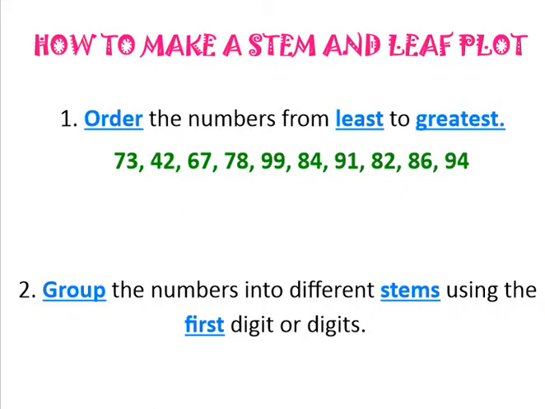So how do you actually make a stem and leaf plot? The first thing that you're going to do is take your numbers, your data set, and order them from least to greatest. So let's go ahead and do that with this data set here.